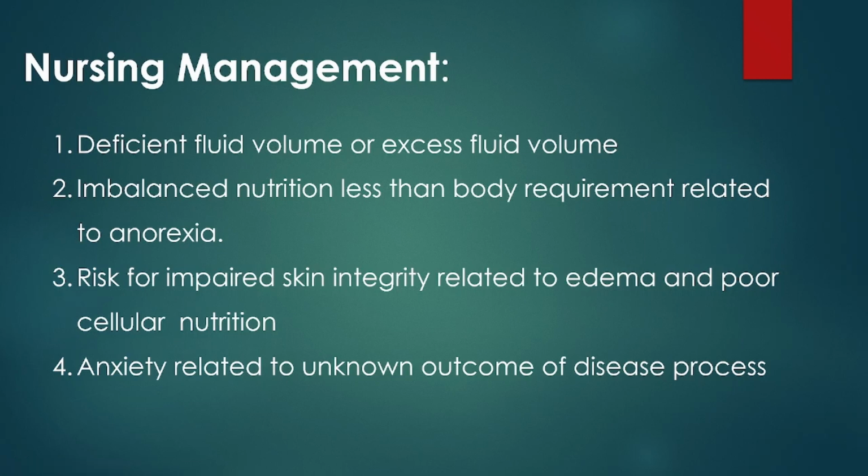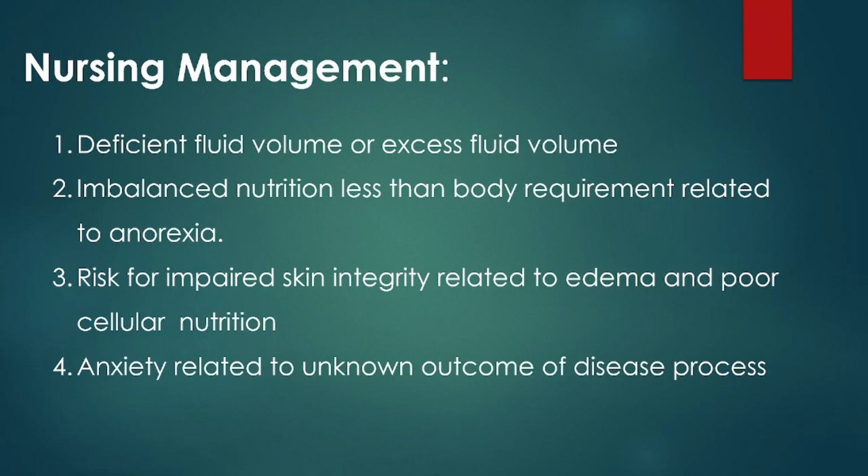Here, we need to carefully monitor the client and observe whether fluid balance is maintained. A weighing scale will be used to measure the person's weight continuously. If there is a sudden increase or decrease in the weight, we need to record it carefully in the case sheet so that we can observe any untoward effects for the client.